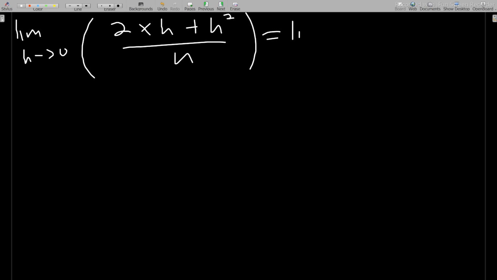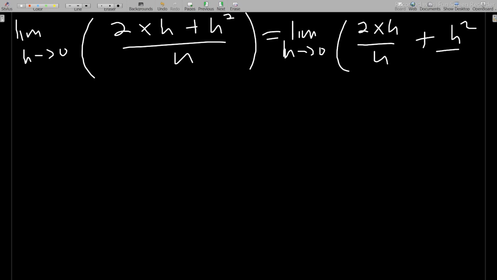This will be the same as the limit as h approaches 0 of 2xh over h plus h squared over h. This is how fractions are done. Now this means we'll get the limit as h approaches 0 of this. Let's try to use another pen. This will take this off, and this will take one of these off.